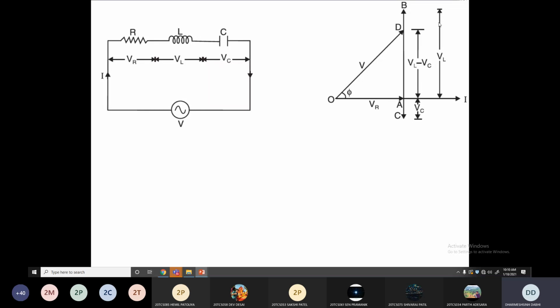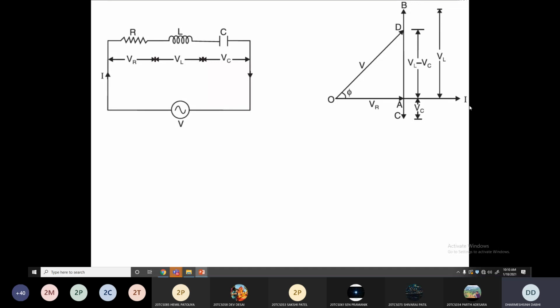So this is the vector AB. If you subtract the vector AC from this AB vector, you get VL minus VC, and the summation of this VR vector and VL minus VC gives the total supply voltage V.